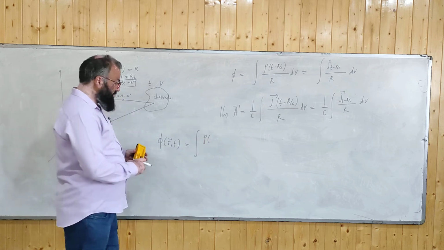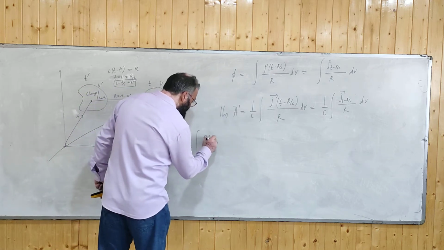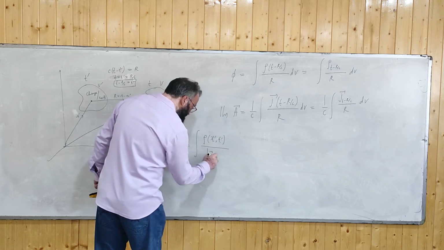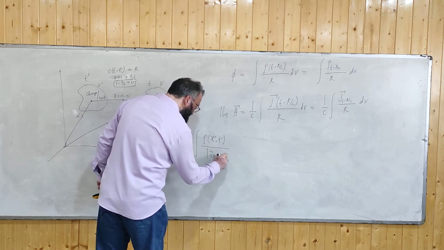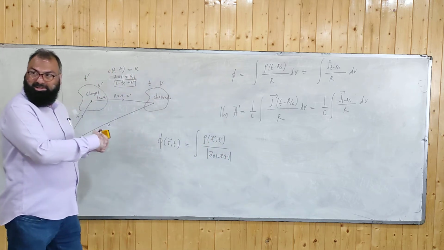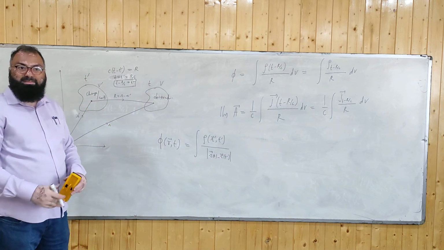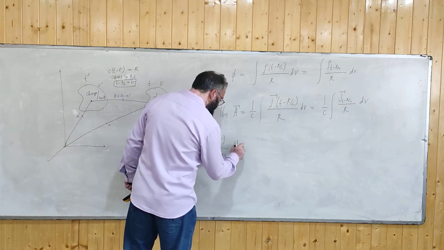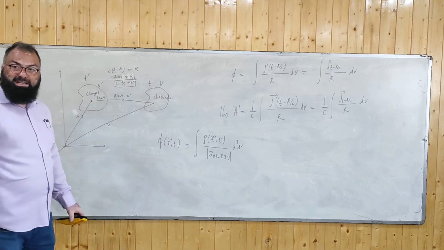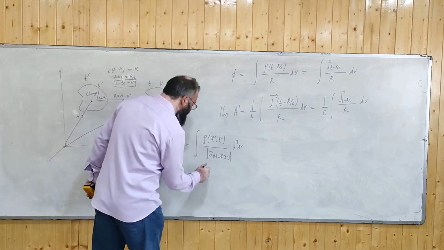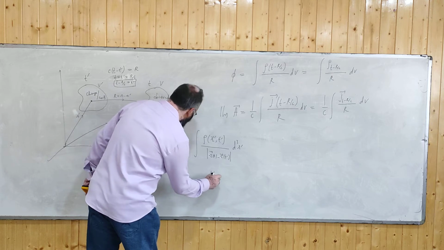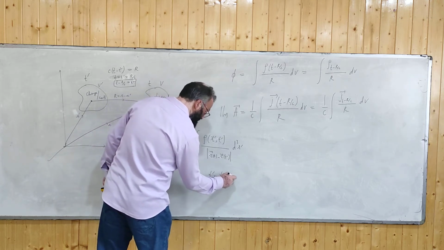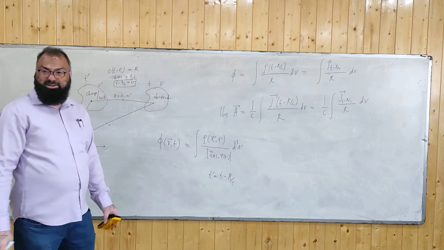So let's write that as rho of r prime and t prime, divided by r, integrated with d3 r prime, where r prime and t prime are related by t prime equal to t minus r by c, because they depend on time and this will change.